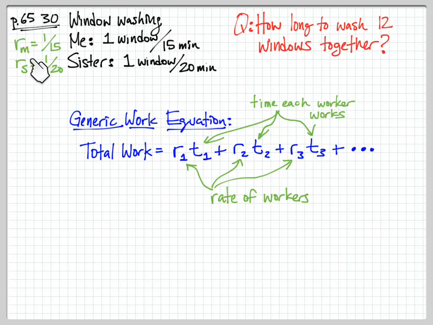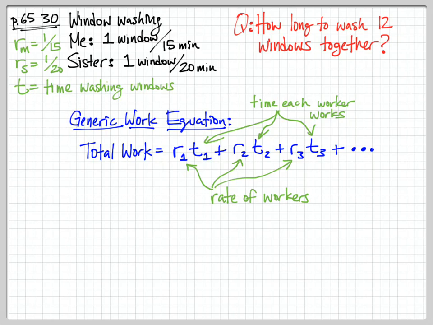So the rate of me, the rate of my sister is what I use so that I can easily understand what the variables mean. So that's the rate. The time, we spend both the same amount of time together. So I don't need to define a T1 and a T2 or a TM and a TS because we're working the same amount of time.